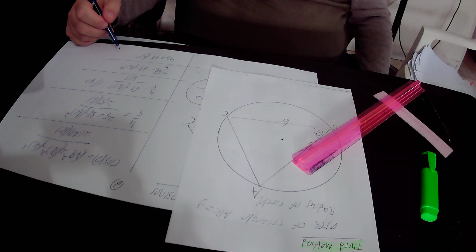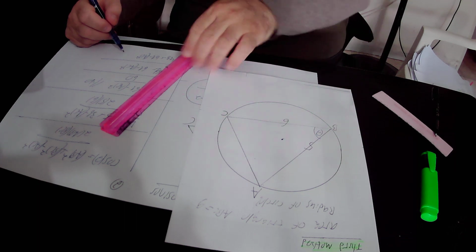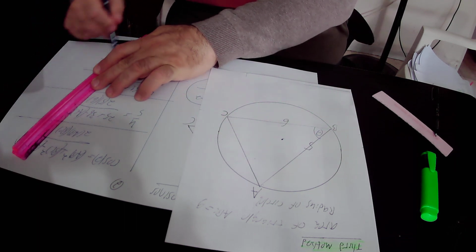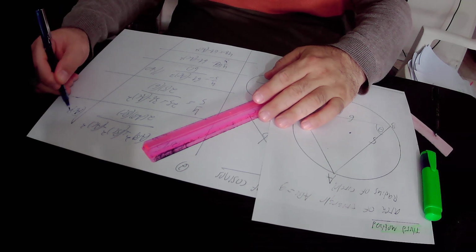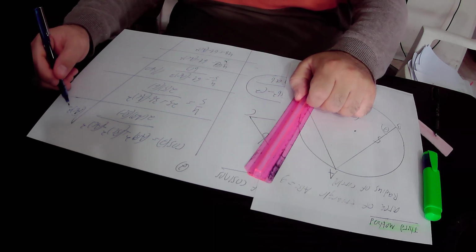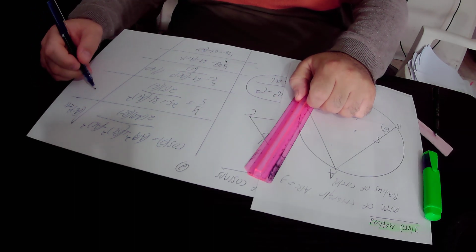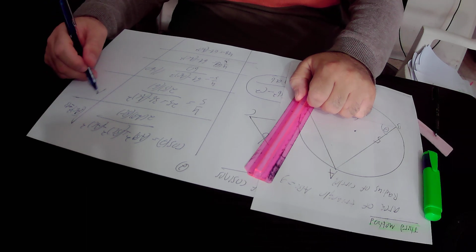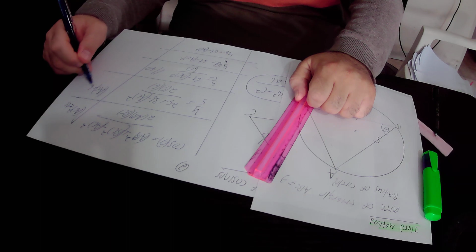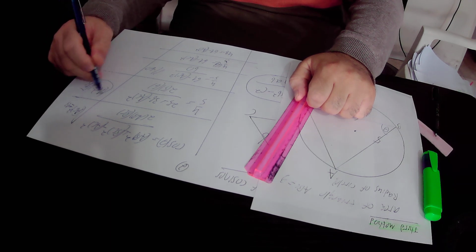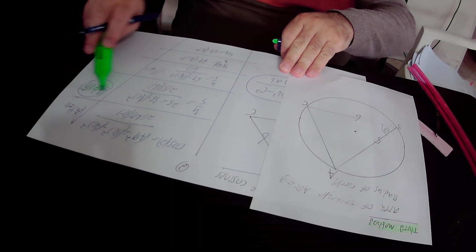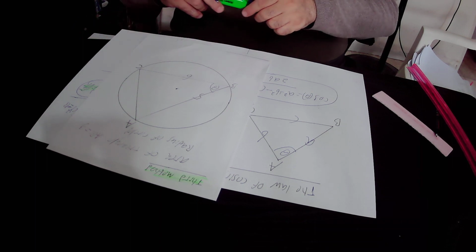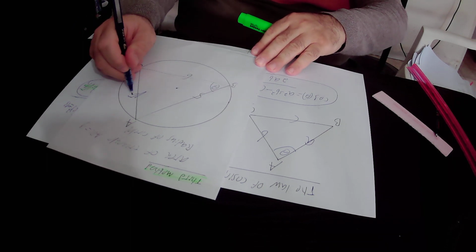Here we will add AC squared and subtract 48, and we get that AC squared equals 61 minus 48, which is 13. We take the square root, and we get that AC equals the square root of 13 units. I can write here that AC equals the square root of 13 units.